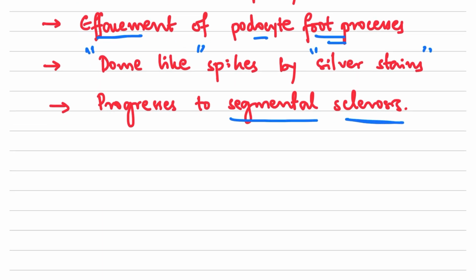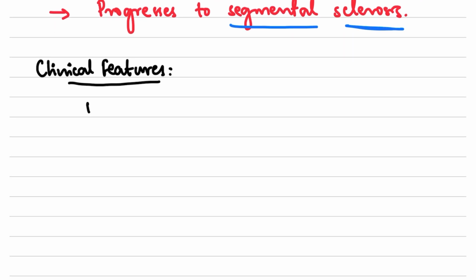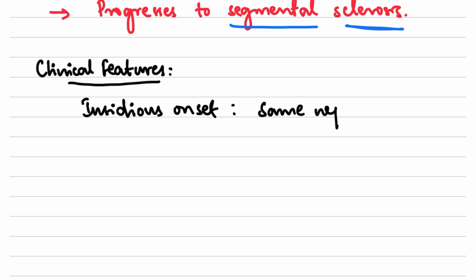Moving on to the clinical features of membranous nephropathy. This disease has an insidious onset, and its clinical features are similar to the nephrotic syndrome features.